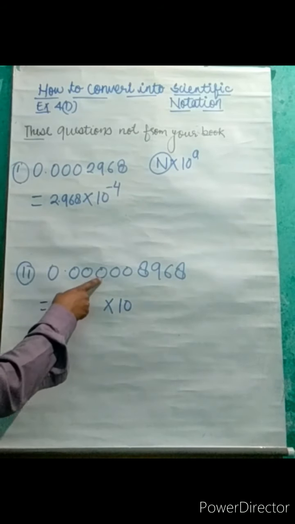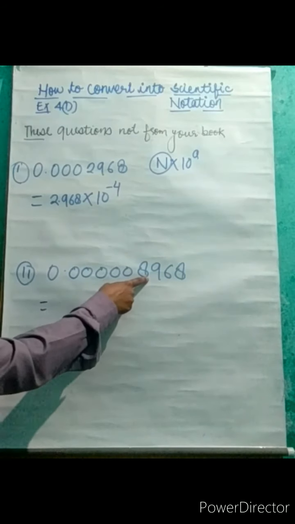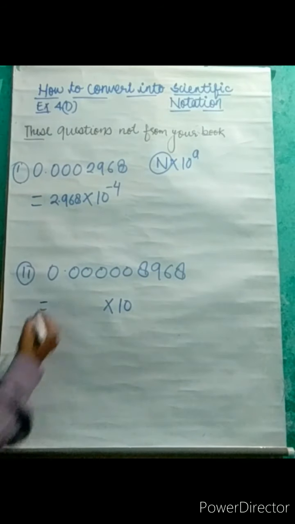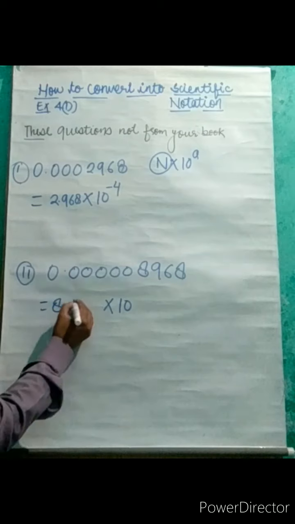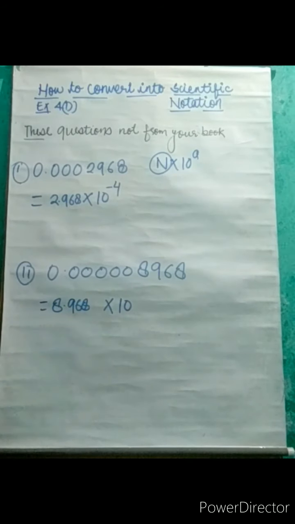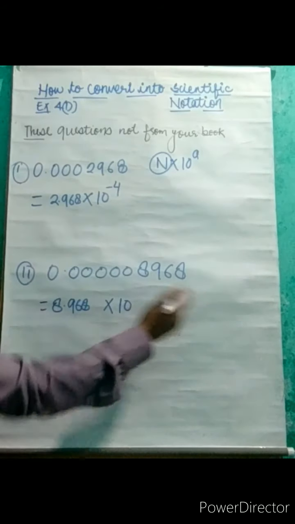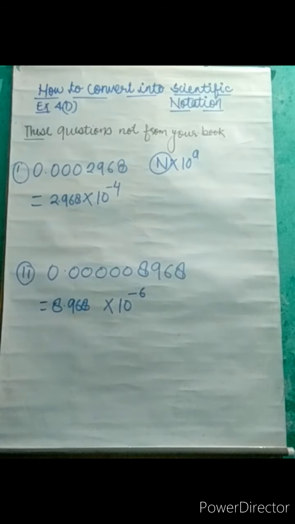Now 1 2 3 4 5 and 6 places we are shifting, so we will write 8.968. How many places did we shift? We shifted 6 places to the right side, so the power will come minus 6. These are the solutions for how to convert into scientific notation with negative and positive power.